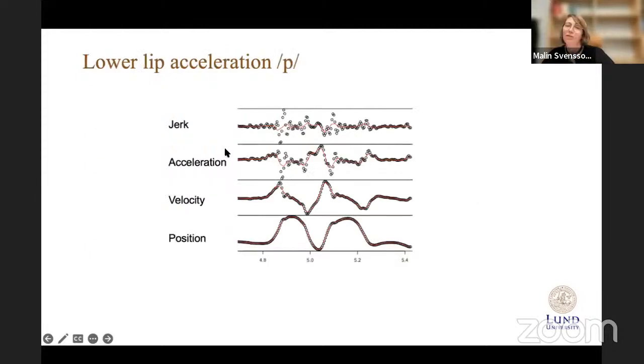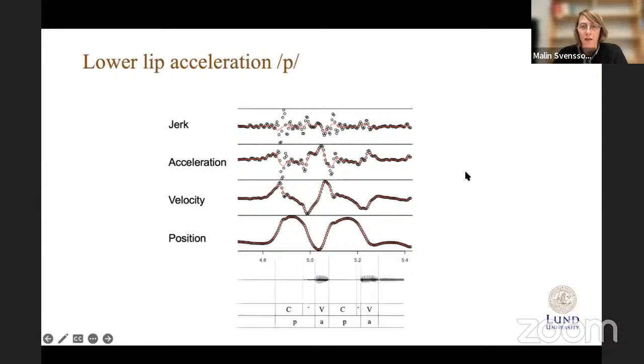So let's take a look at the lower lip acceleration for production of the consonants in the word papa. So here you have the EMMA sensor on the lower lip at the bottom in the figure. It's moving up for the constriction twice in papa. And on the second row from the top, you have the acceleration signal.